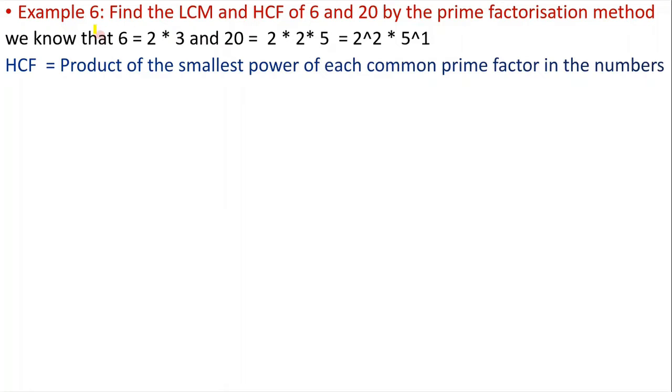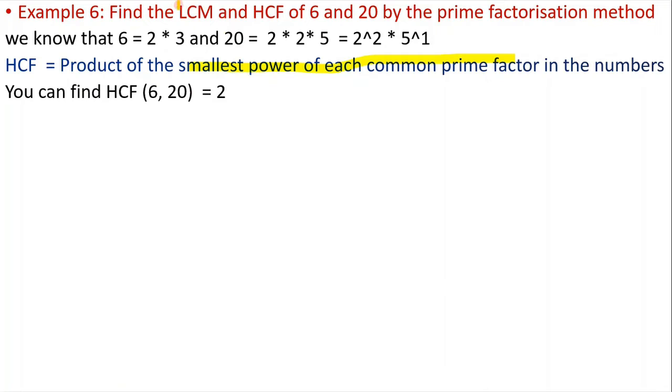Comparing 6 and 20, 2 is the common prime factor in both. HCF always deals with the smallest power of the common prime factor. For 6 it is 2 power 1 and for 20 it is 2 power 2. Hence the HCF takes the smaller power. The HCF of 6 and 20 is 2.